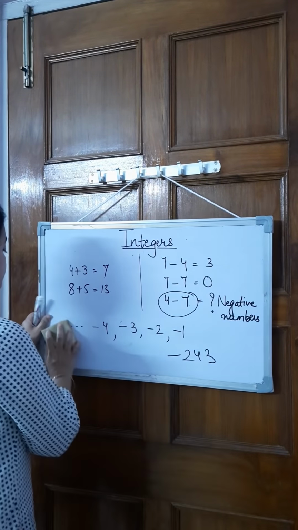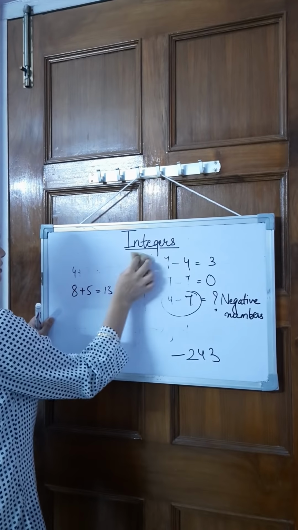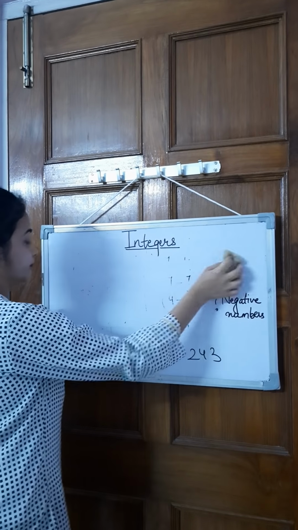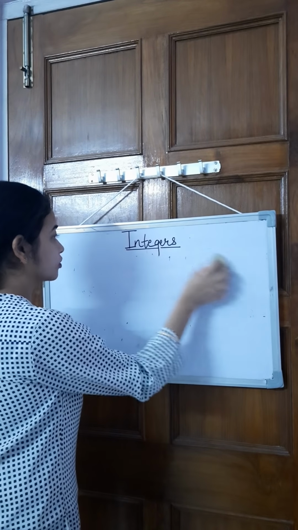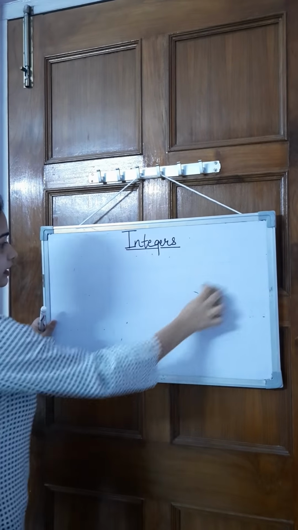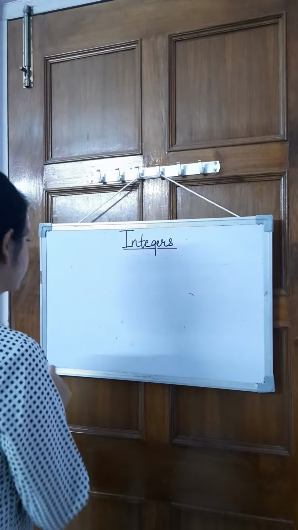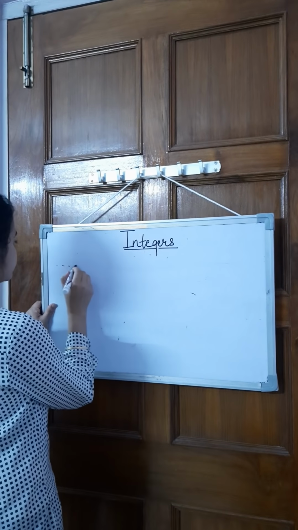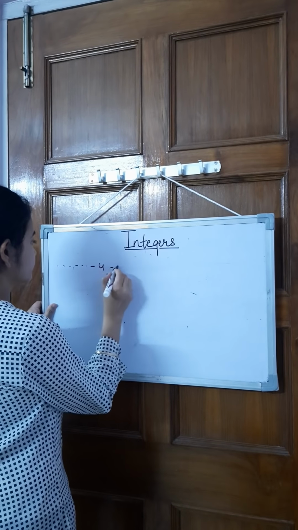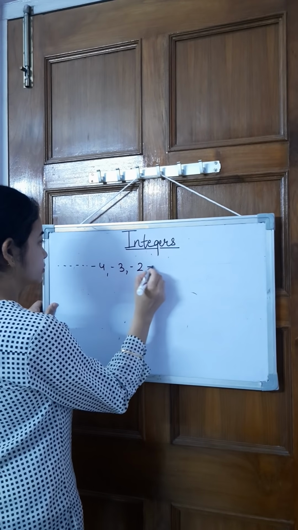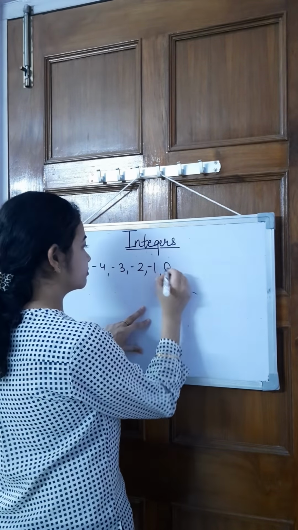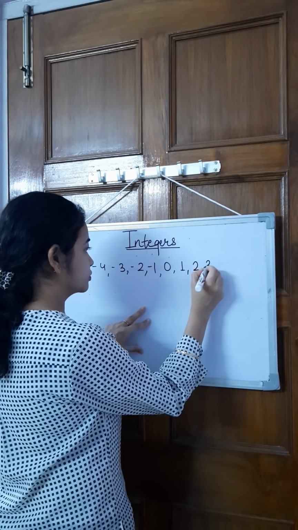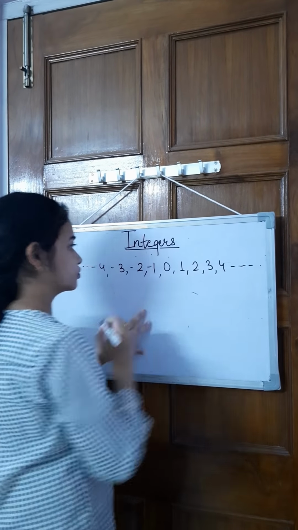So what are integers? We can say that the set of negative numbers along with the whole numbers are called integers. So how do we write integers? We can write -4, -3, -2, -1. These are all negative numbers. Then we'll write whole numbers: 0, 1, 2, 3, 4 and so on.